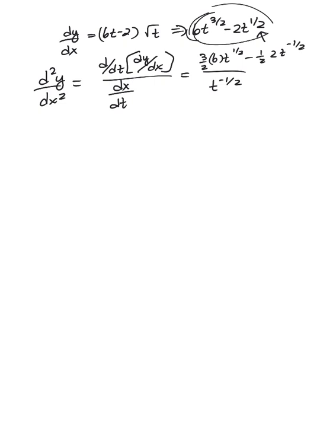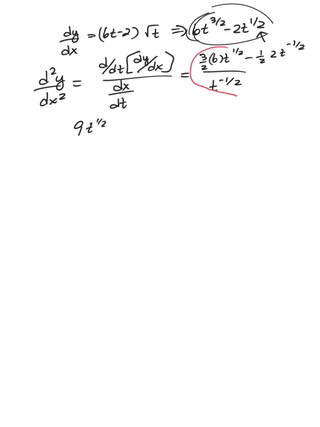So that gives me 9. Well, I'm going to divide both of these by t to the negative 1/2. So this 3/2 times 6, that cancels to a 9. I have t to the 1/2 minus negative 1/2.